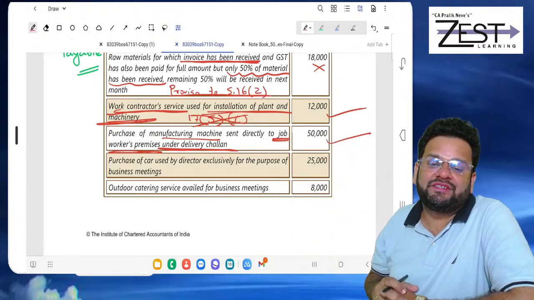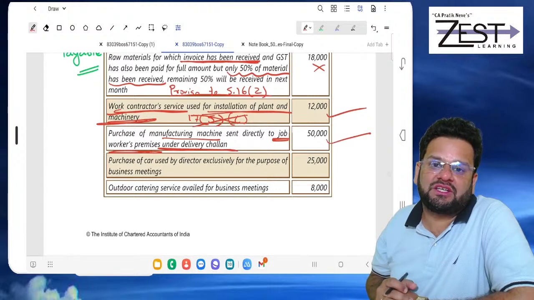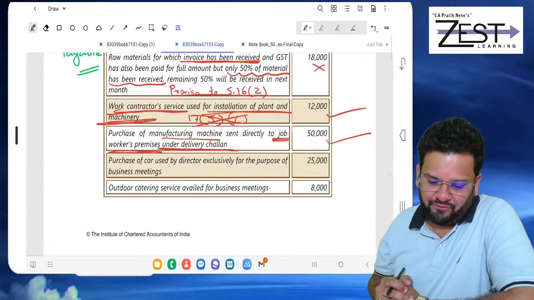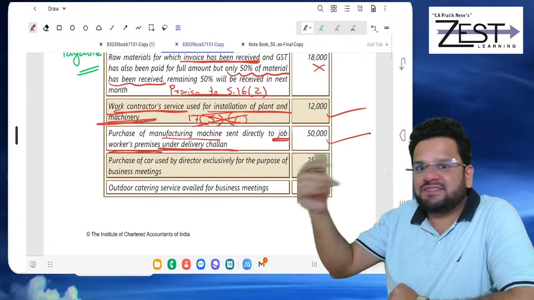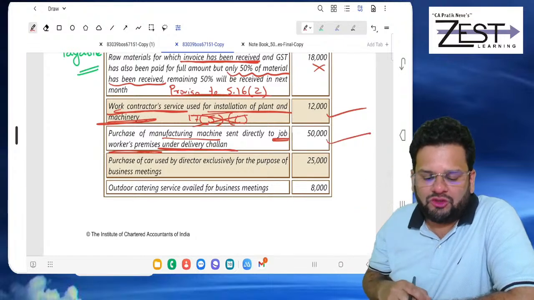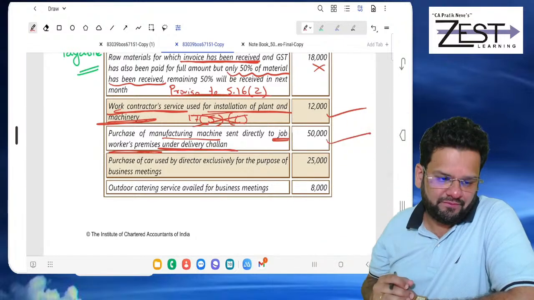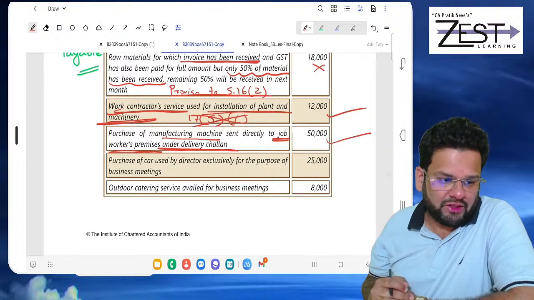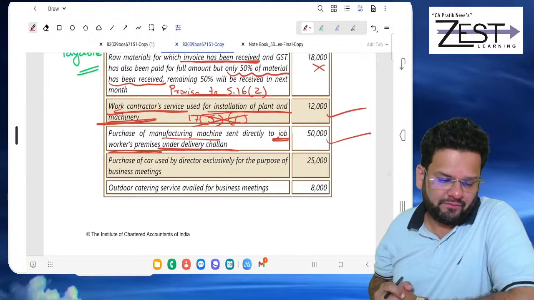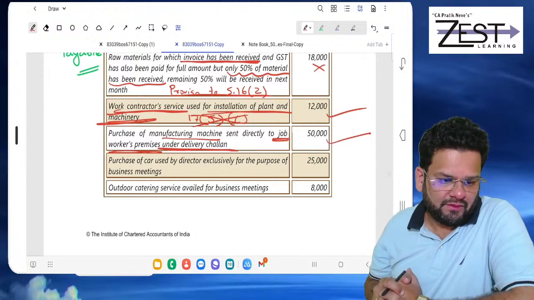So you know there is an explanation to section 16 subsection 2 clause B, the bill to ship to model. So the supplier has given you the bill, but the supplier has sent the machine on your behalf to a third party, the job worker. So yes, ITC will be allowed, isn't it?